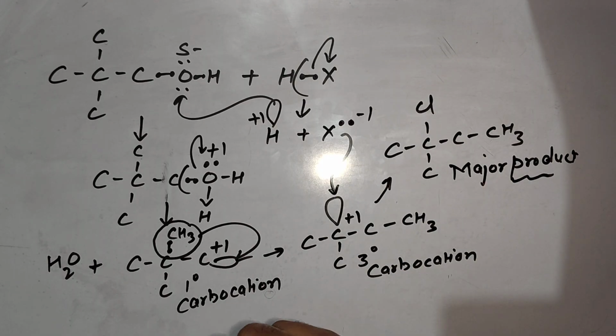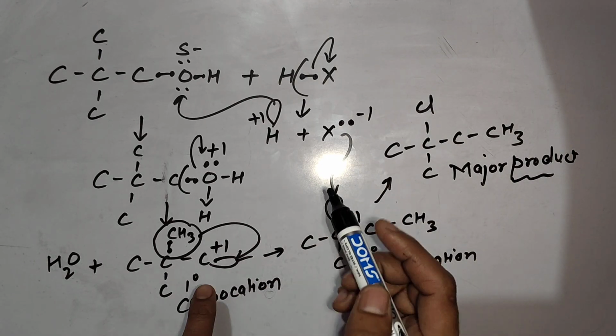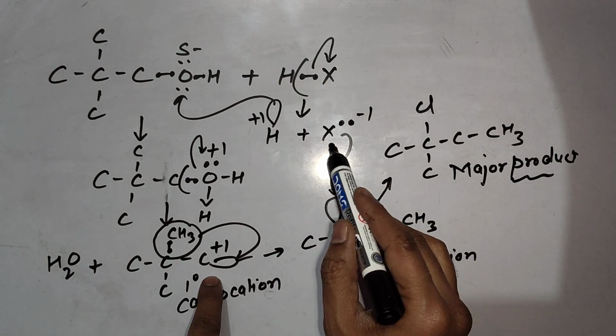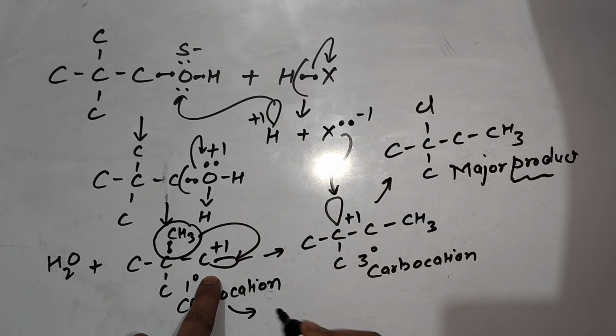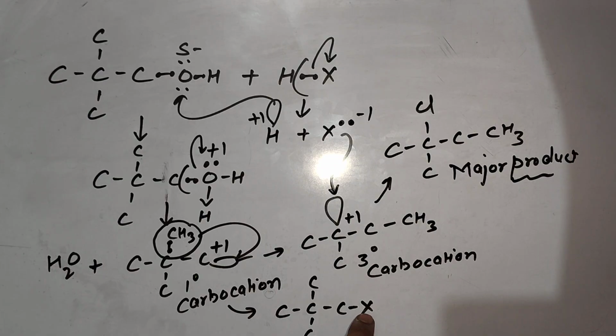What was our expectation? Expectation was this: a 1 degree carbocation will generate and X negative will attack. So the expected product was this one. We were thinking X will attack on this carbon.